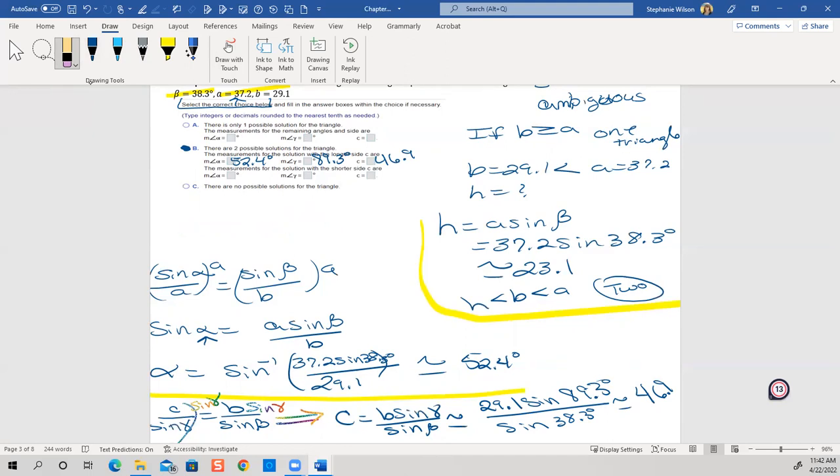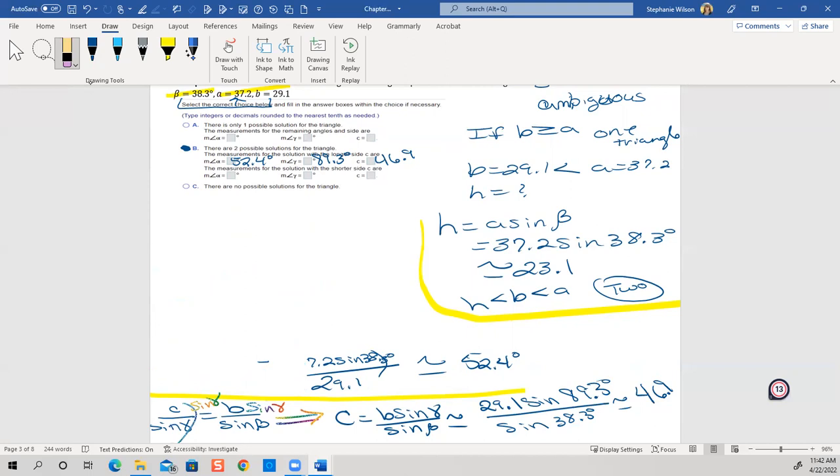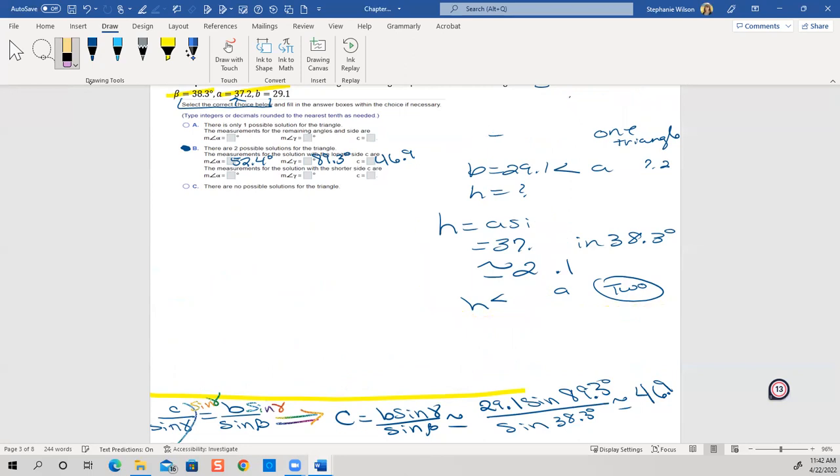All right, now I'm going to go ahead and erase this here, because what we're going to have to do is find the second triangle. Now that we found the first triangle, let's find the second one. Give us some room here. Let's just erase all this.